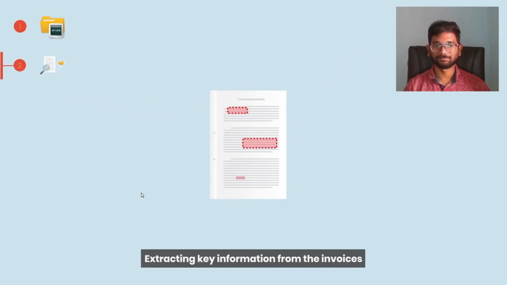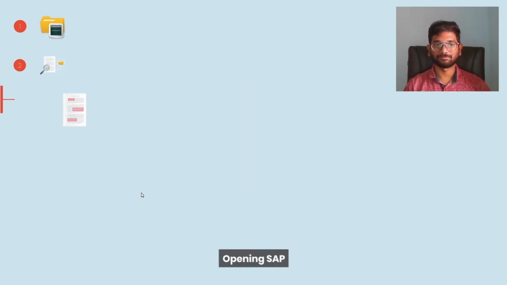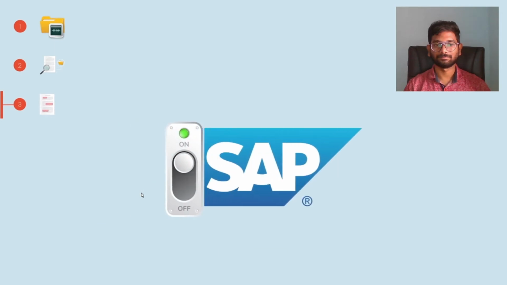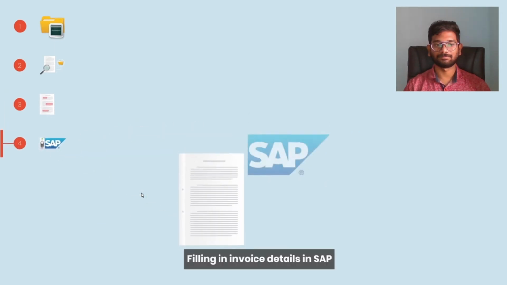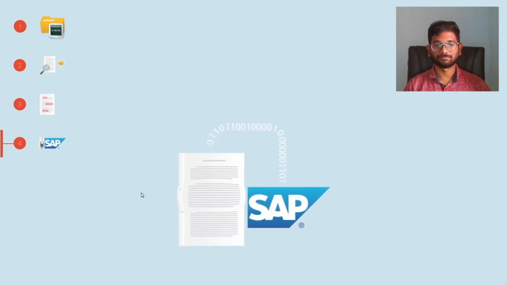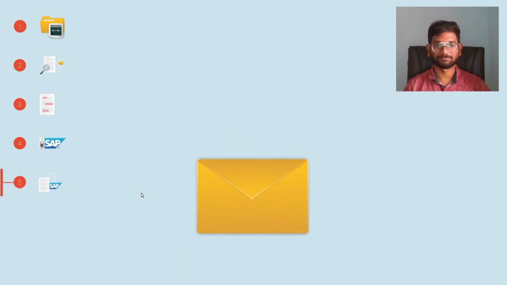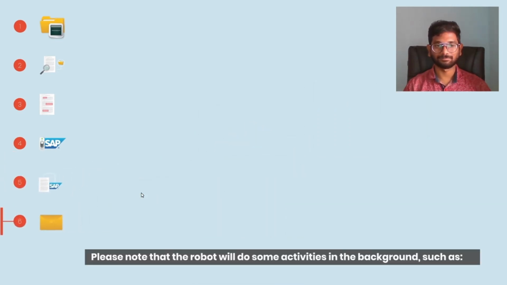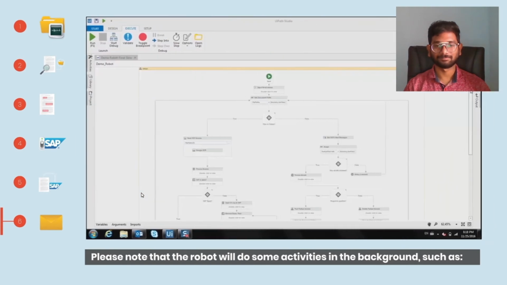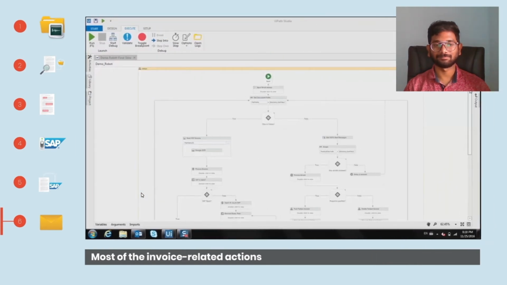Extracting key information from the invoices. Opening SAP. Filling in invoice details in SAP. Sending email notifications. Please note that the robot will do some activities in the background, such as most of the invoice-related actions, monitoring a folder or checking its email address. Now let's see it working.